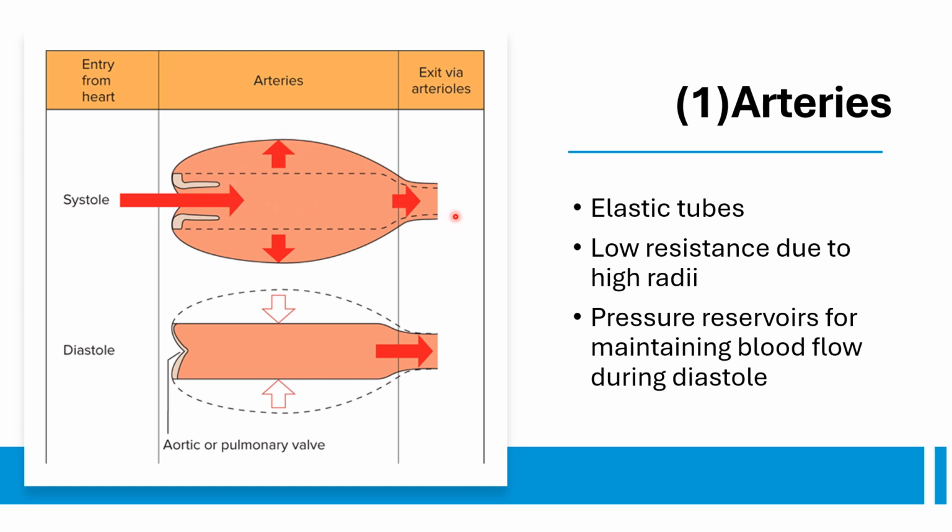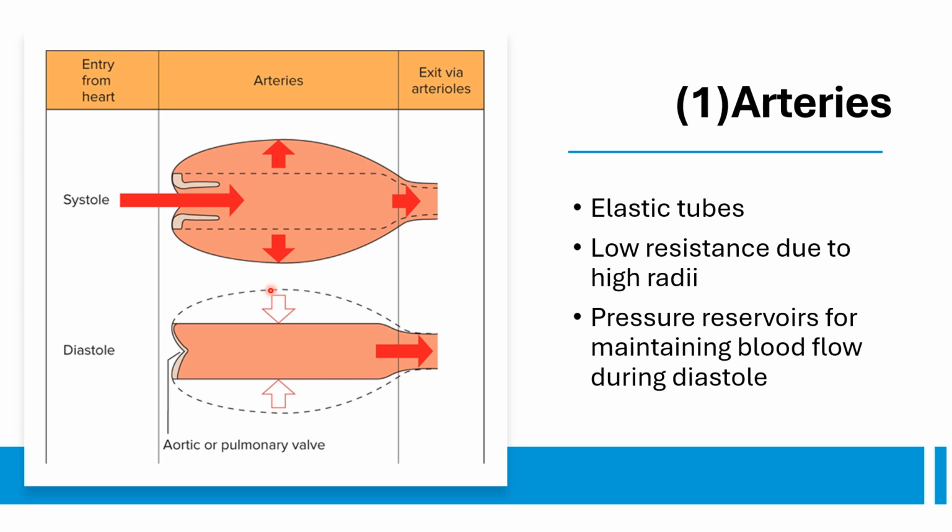So it's blown up and filled up, there's resistance on the outside, but because it's elastic, it allows that blood to move through. Once the blood moves through, because the pulmonary valve or aortic valve has closed, you're going to get a reduction in size, but that serves as a pressure reserve because it maintains the push of that blood all the way out by its elastic recoil.